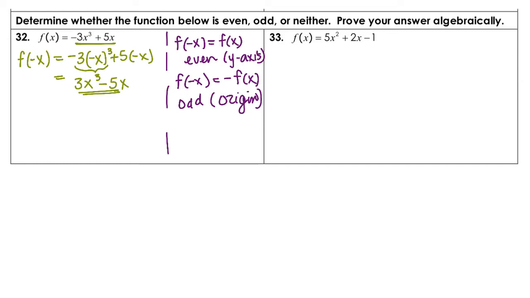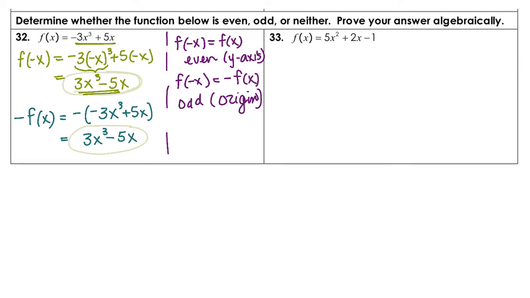So you need to now check negative 1 times f of x. So I'm going to say negative times negative 3x cubed plus 5x. When I distribute the negative, we're going to get positive 3x cubed minus 5x. Now you need to compare what we just got here with what we have here.